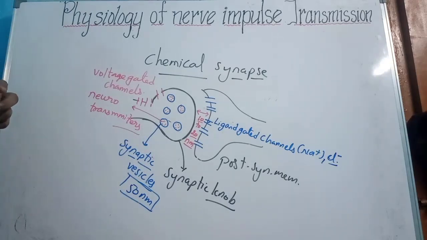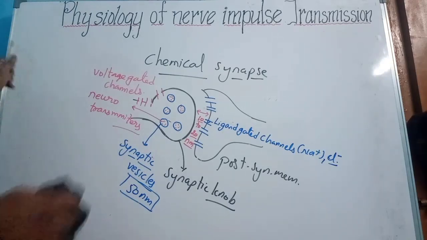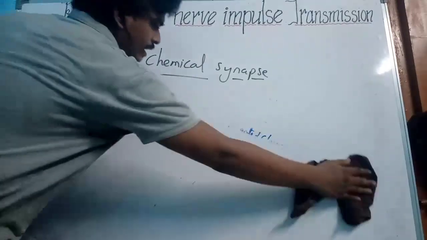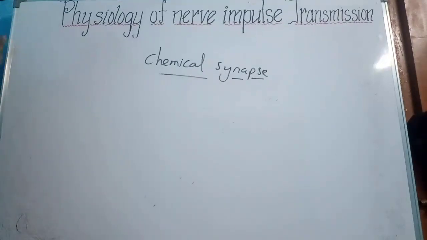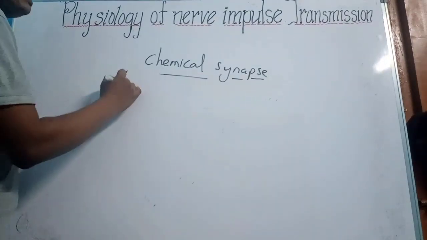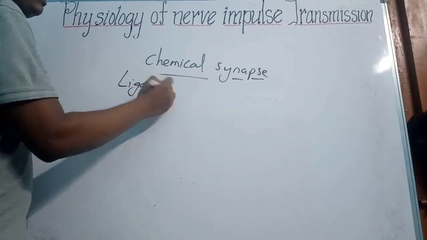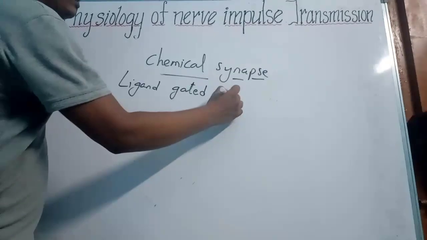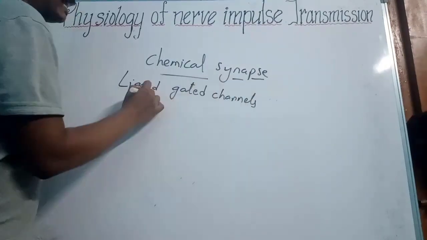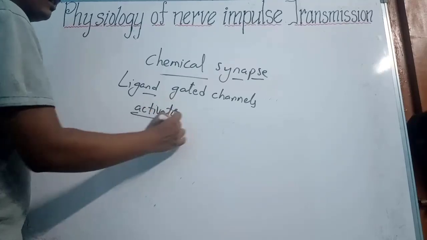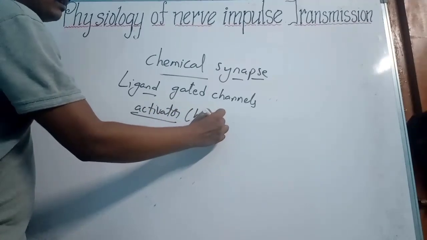Now think of this one. What is meant by this ligand gated channel? Ligand gated channels are the channels which will open up. Ligand means it requires some support. To be simple, ligand means activator, or in simple words we can call it a helper.